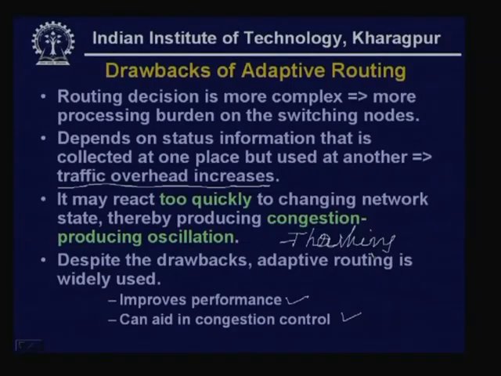So, although it is complex, although it may lead to some congestion producing oscillation, adaptive routing is still preferred because it improves the performance of routing, and also it can aid in congestion control. As we shall see in the next lecture, congestion is a very important aspect of packet switched networks, and congestion has to be controlled at any cost, and adaptive routing will help in minimizing the possibility of congestion.